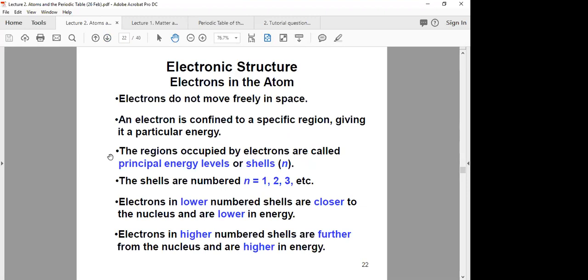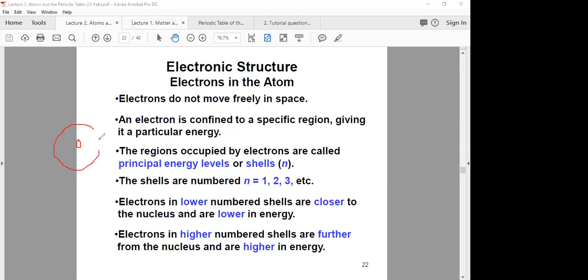Now, the regions occupied by electrons are called principal energy levels or shells, and that word shell is abbreviated to N. The shells are numbered, N equals 1, N equals 2, N equals 3, etc. And I'm going to show you roughly what this would look like. So let's say that's the nucleus.